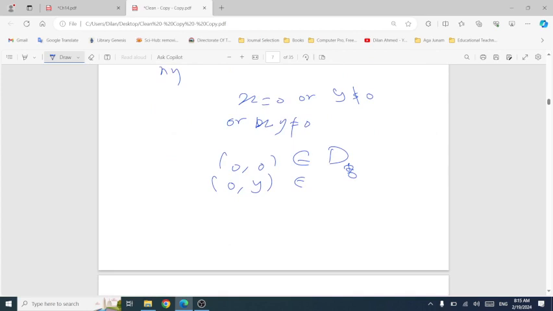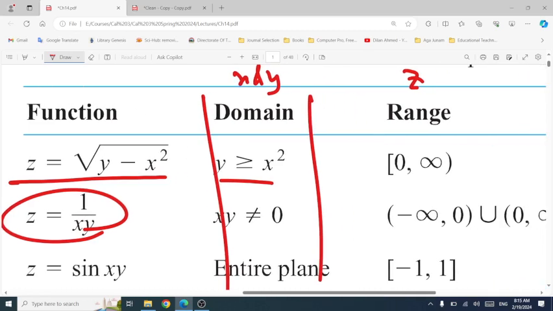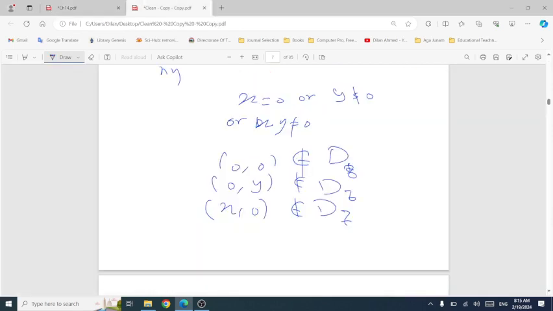That is, y can be anything. Right? It shouldn't be in the domain. And what else? X and 0 means that all x with 0 shouldn't be in the domain. So when you want to summarize all this, you say x multiplied by y should not be 0 because it contains all 3 cases.